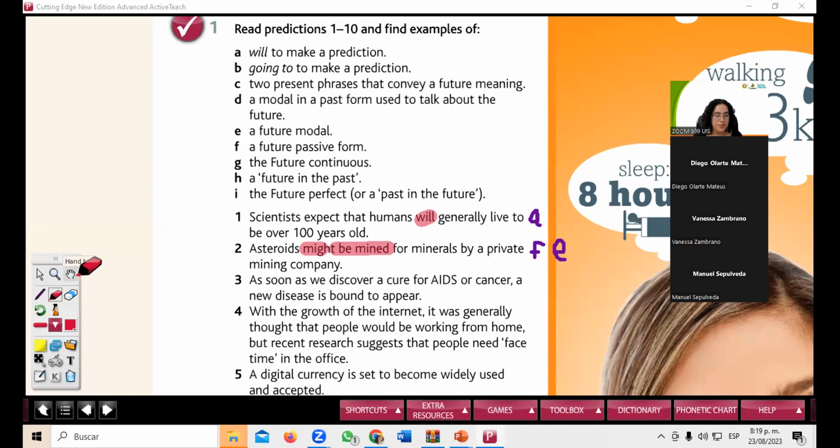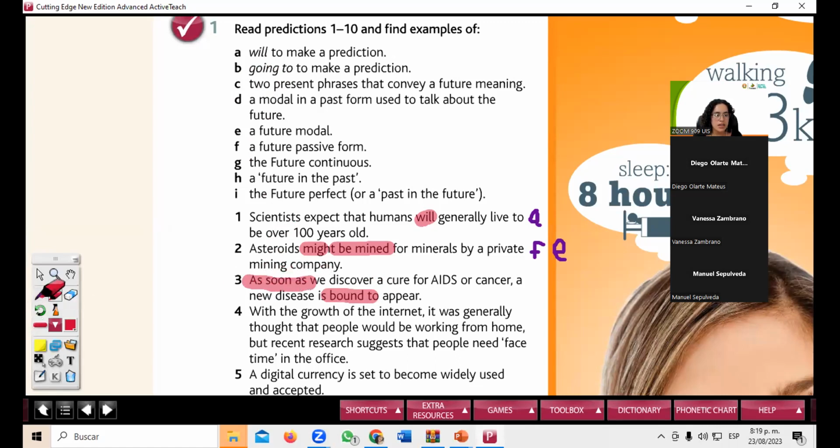Number 3, as soon as we discover a cure for AIDS or cancer, a new disease is bound to appear. I think it's two present phrases that convey a future. Yes, it's correct.